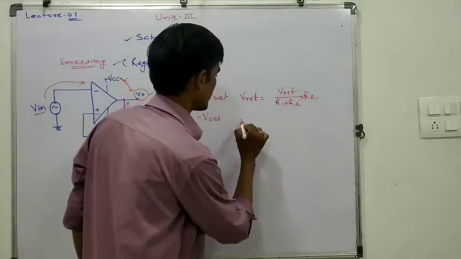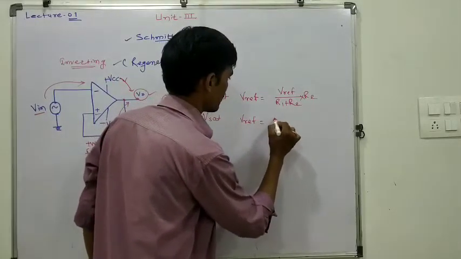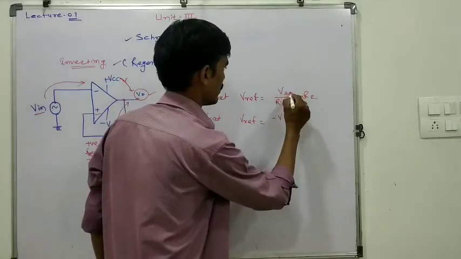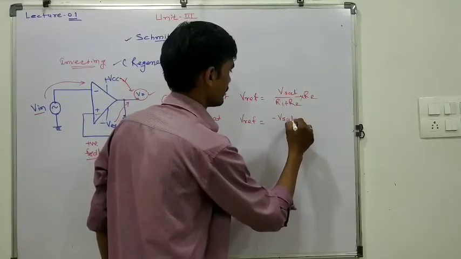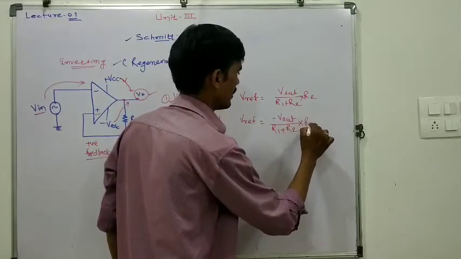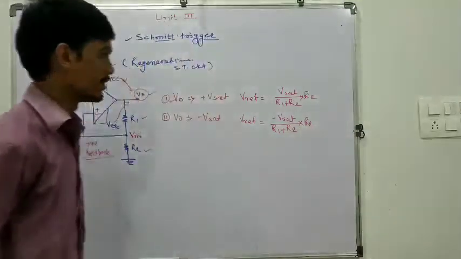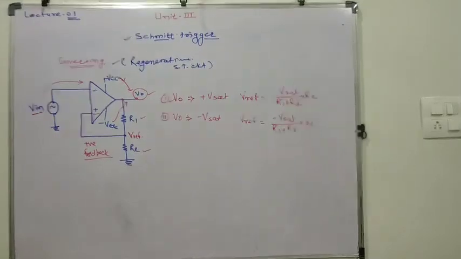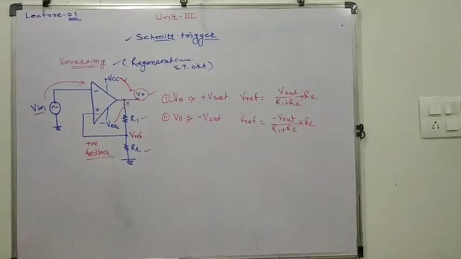And the second V reference is equal to minus VSAT divided by R1 plus R2 multiplied with R2. So we are having two reference voltages: one is the plus V reference and the second one is the minus V reference.